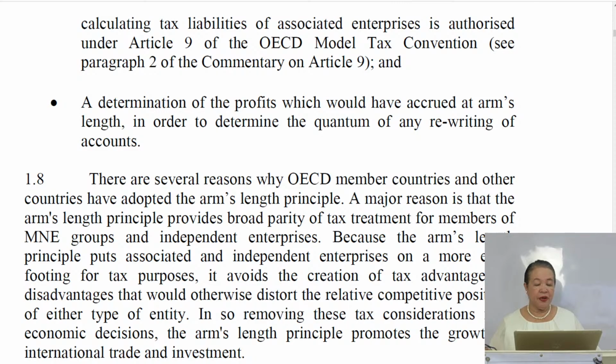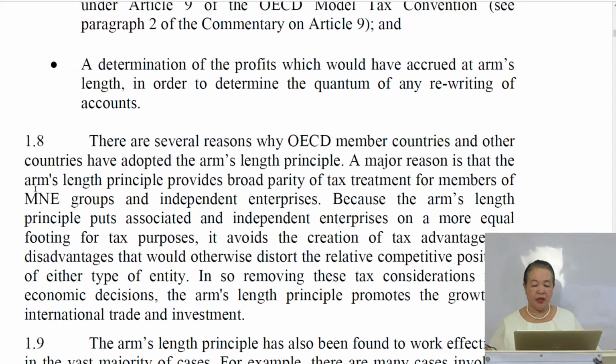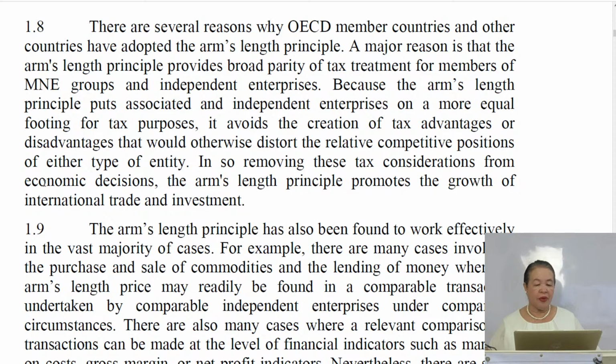There are several reasons why OECD member countries and other countries have adopted the arm's length principle. And what are the reasons? A major reason is that the arm's length principle provides broad parity of tax treatment for members of MNE groups and independent enterprises. Broad parity, at par with the other members, make them the same.